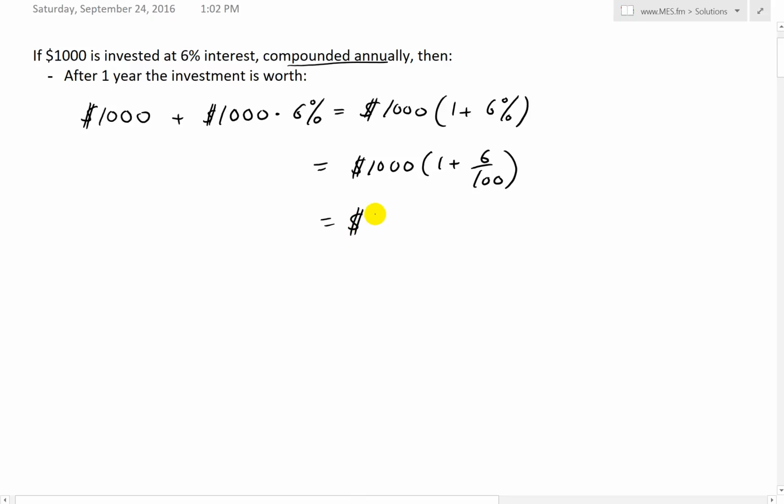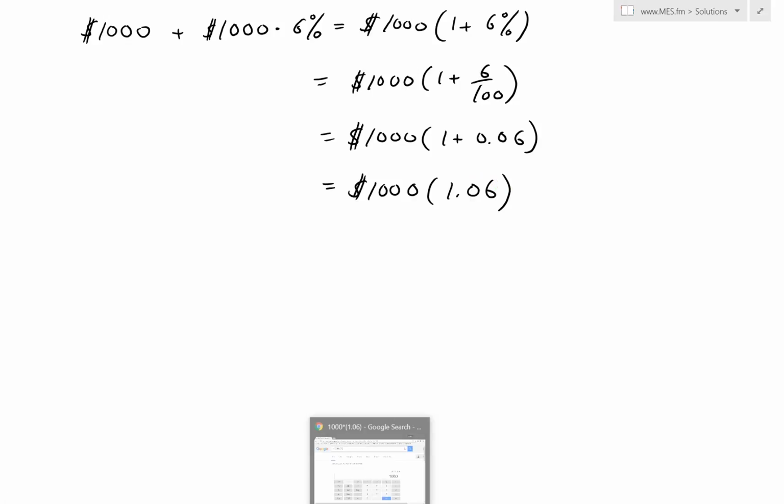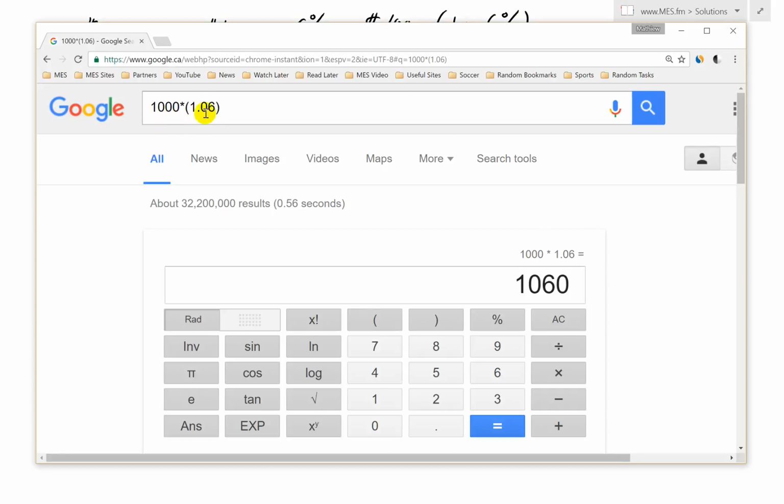So this is the same thing as writing 1,000 times 1 plus 0.06. And now add that up, we finally get 1,000 times 1.06.